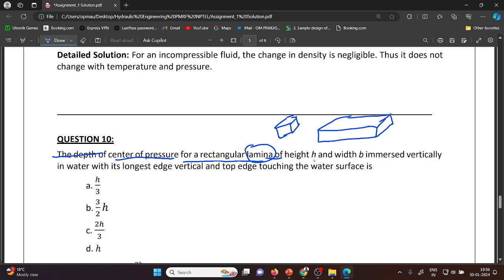So height is given h. Now width is given b.